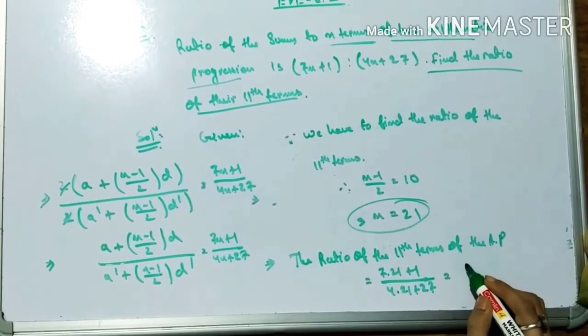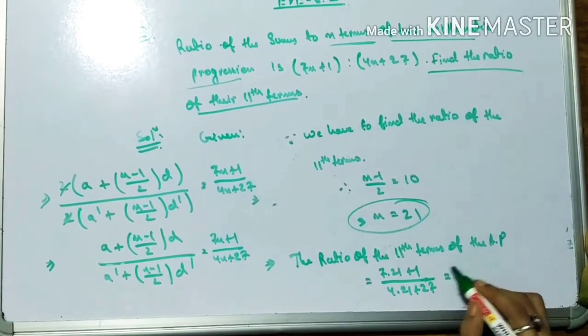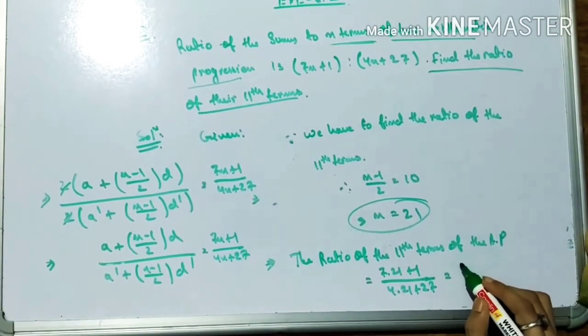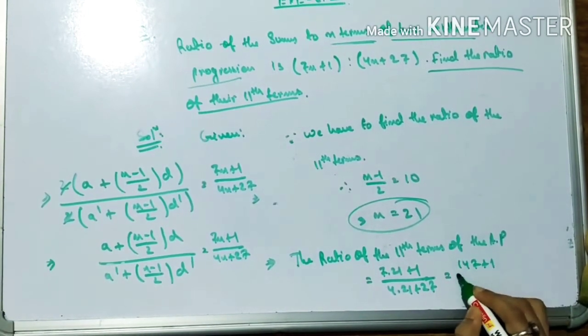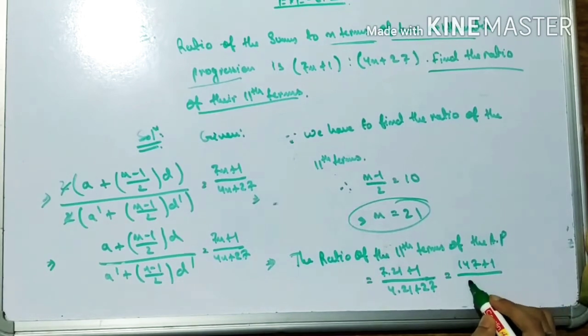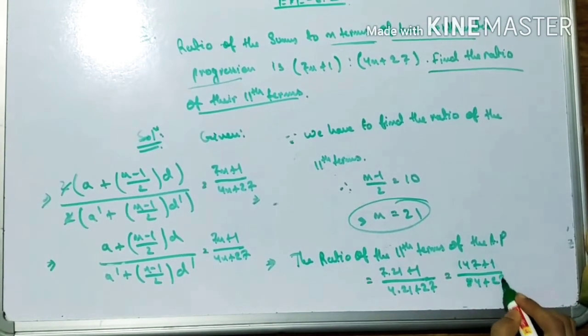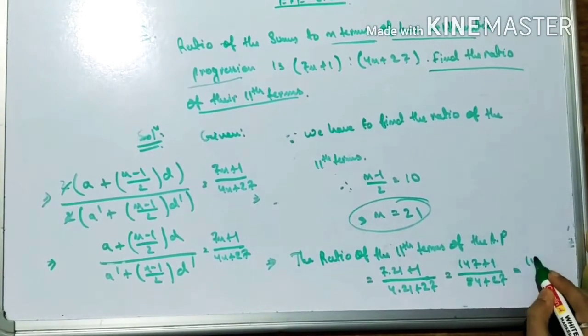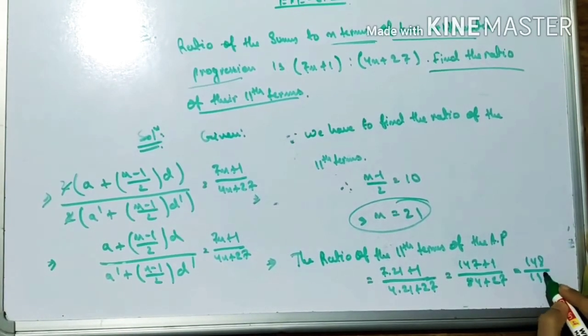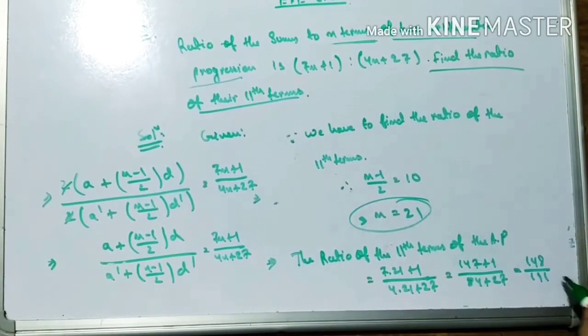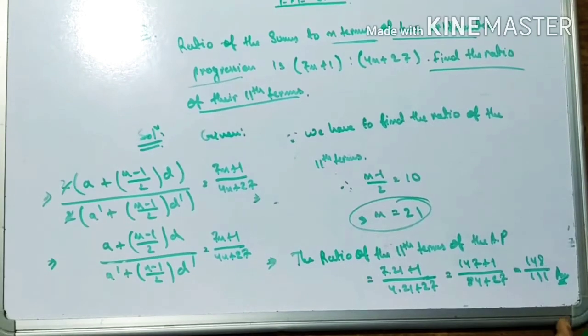If I solve it, I will get (147 plus 1) / (84 plus 27). Ultimately I will get 148 by 111. Yes, this will be my answer.